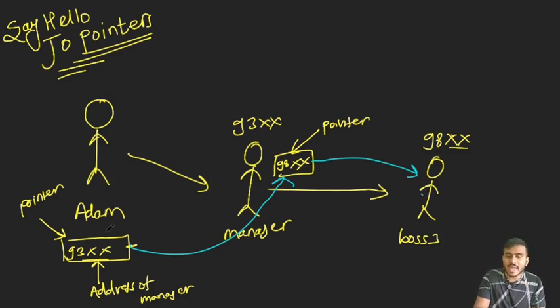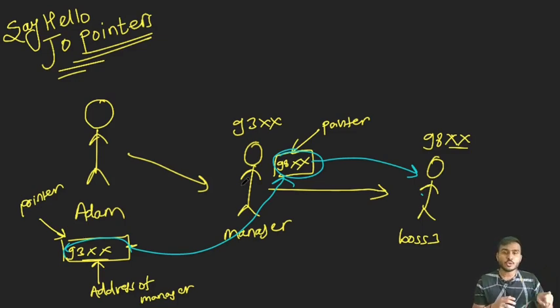So basically Adam has an address of this manager and the manager has an address of the boss. Okay, so as the manager has an address of one boss, this card is basically a pointer, and as Adam has the address of this card, it is a pointer to a pointer. Yeah, so this is a simple explanation of pointer to a pointer.